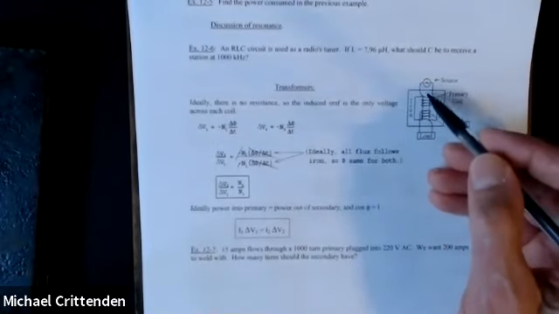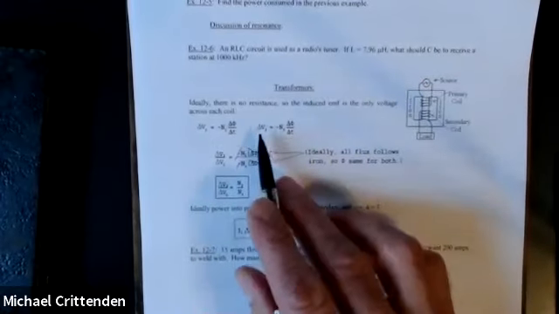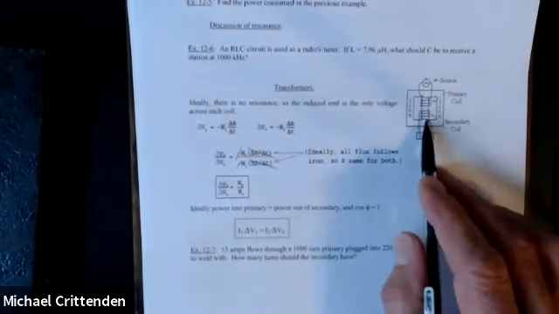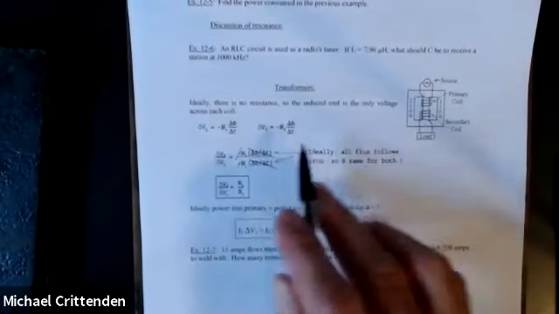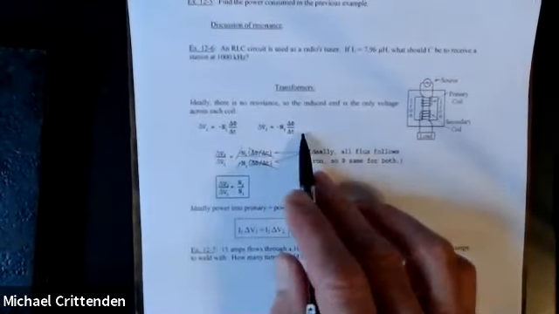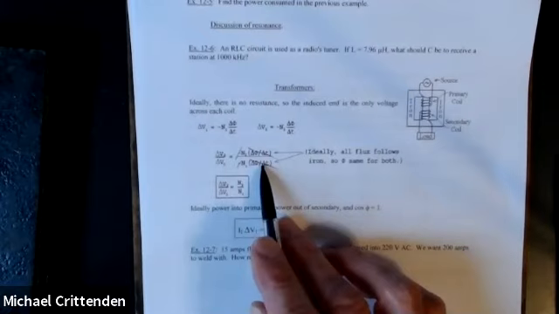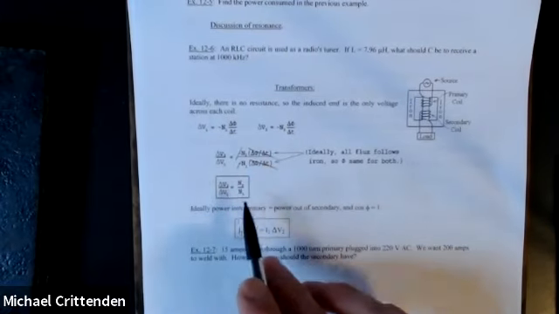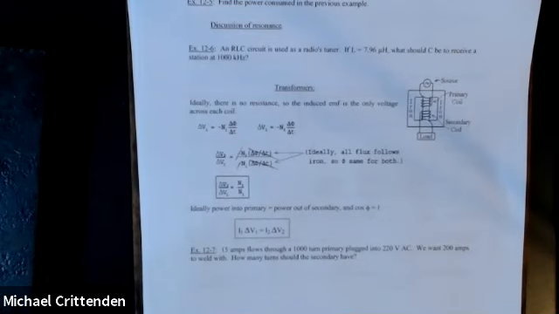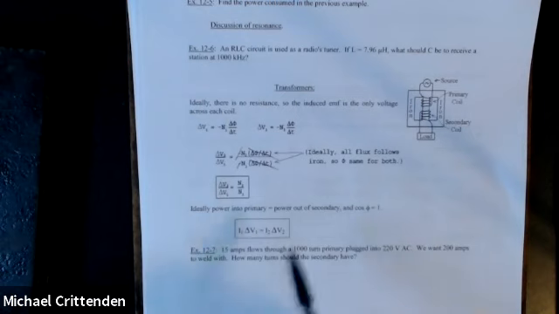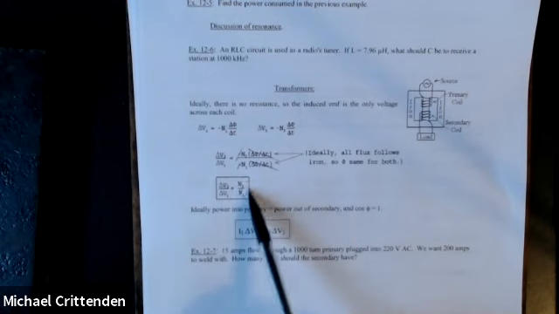Phi1 equals Phi2. It's the same field lines pass through both coils. Apply Faraday's law to get the voltage across the secondary coil. Okay, so both voltages are induced voltages given by Faraday's law. Divide the one equation by the other to get the ratio of the voltages. Because this part is the same, it cancels out. And the moral of the story is that under ideal conditions, the ratio of the voltages is the same as the ratio of the number of loops.